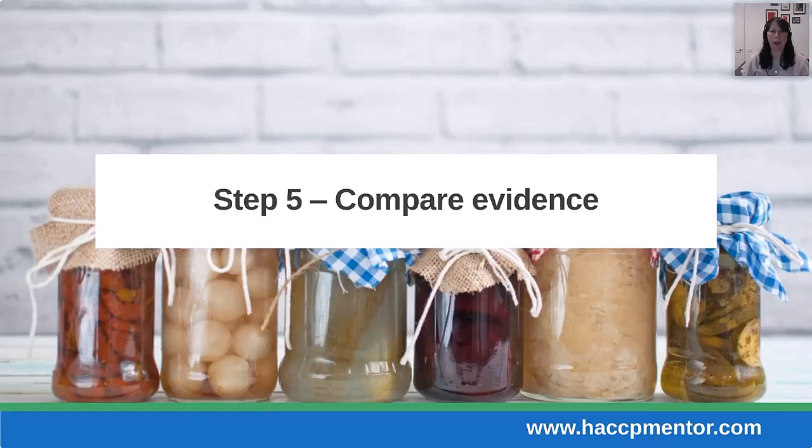So for example, if you've made a claim of low carb or low carbohydrate or low fat, you would firstly find out what is the definition of low fat in your country of manufacture and also your country of supply. You would look and see, okay, how many grams of fat has been declared on your actual nutrition panel, and then you'd compare that again to the actual test results from the laboratory to see, okay, is everything lining up together?